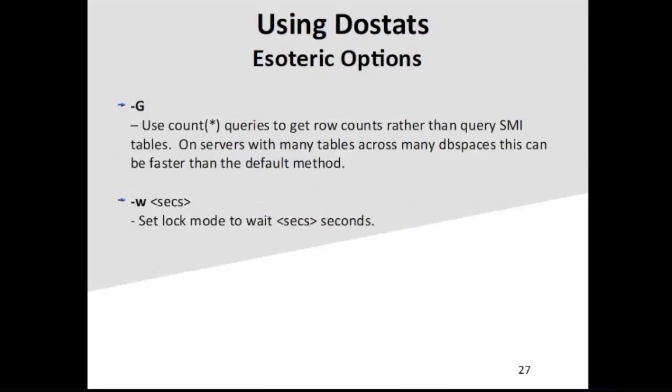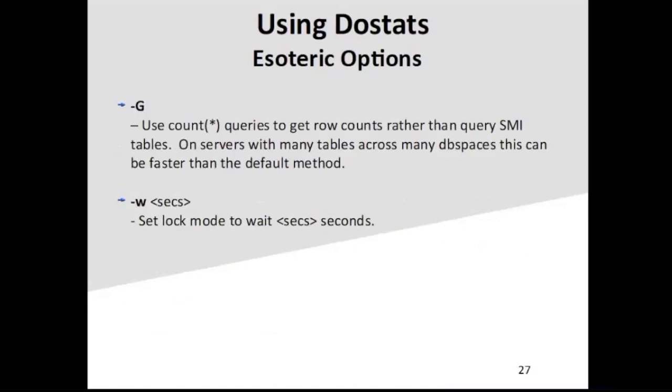Dash capital G. Normally Dostats makes decisions about row counts, and it normally does that by going to the SMI tables in sysmaster. But in some very large databases with lots and lots of tables and lots of dbspaces, that query can be very slow.